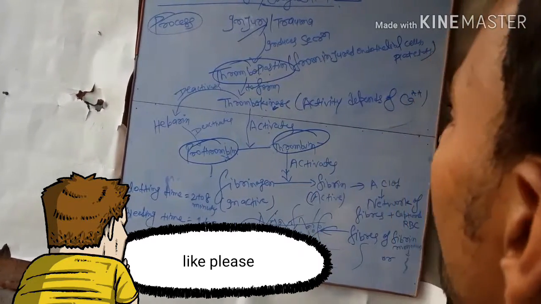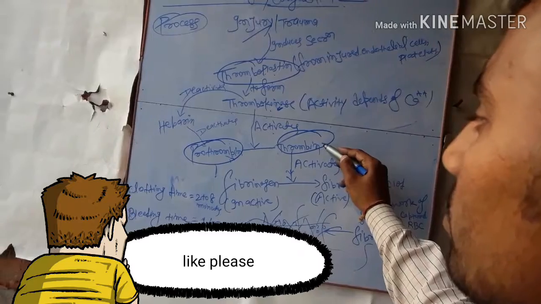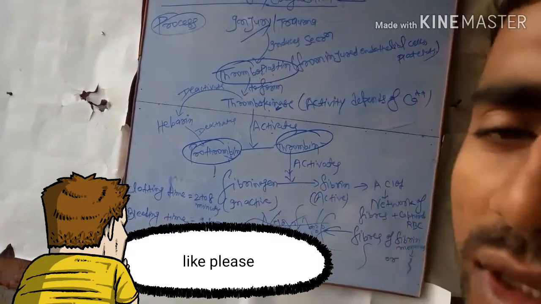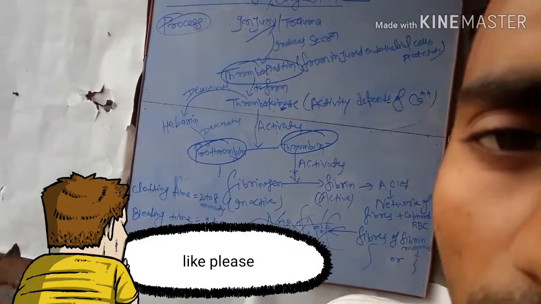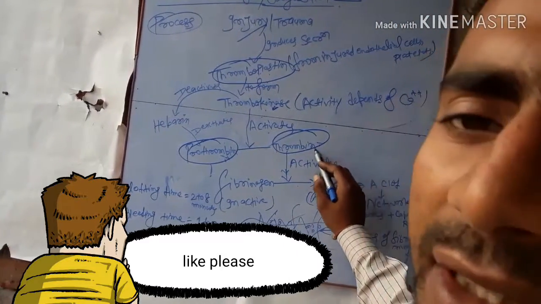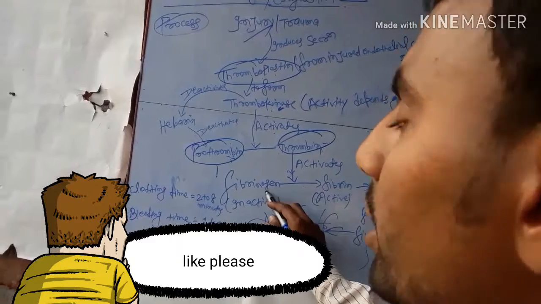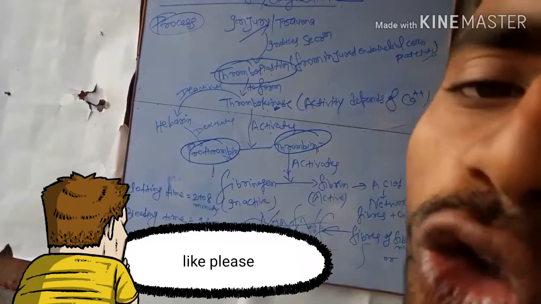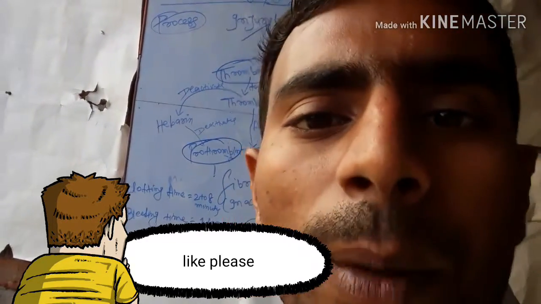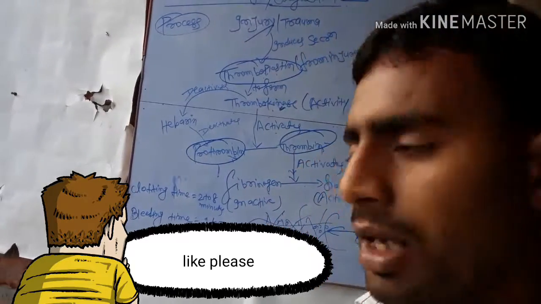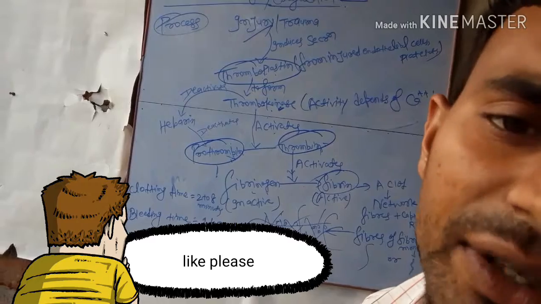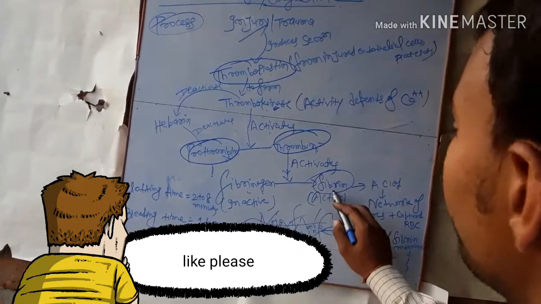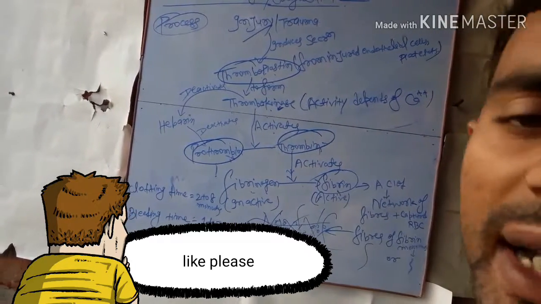After that, thrombin activates fibrinogen, which is also present in inactive form. Thrombin converts fibrinogen, the inactive form, to fibrin, the active form, and fibrin forms the clot.